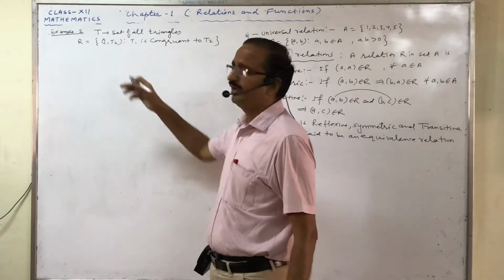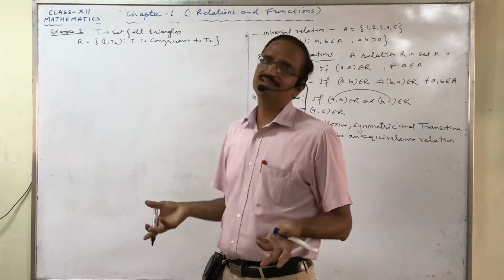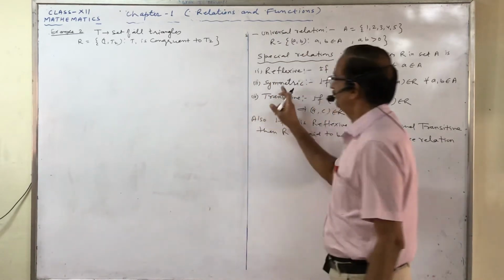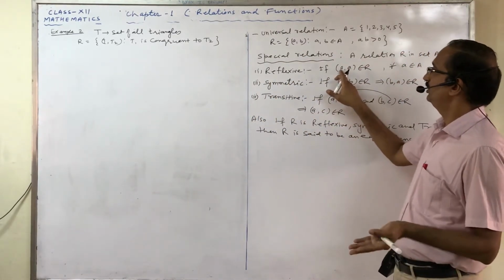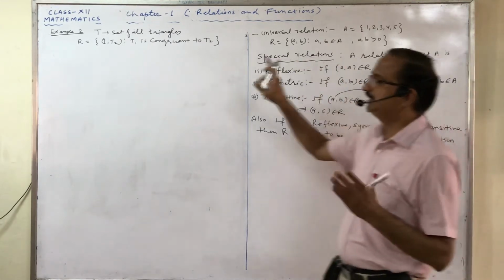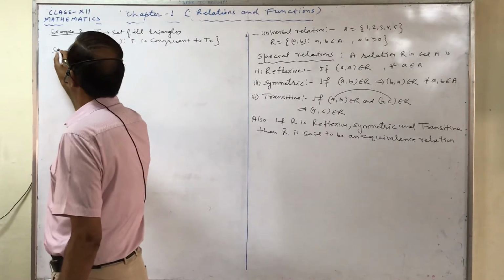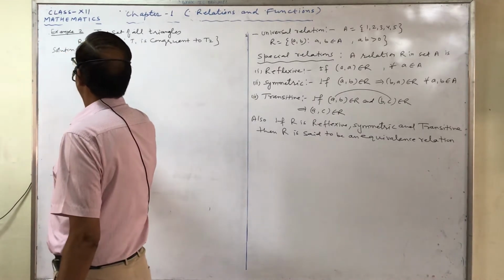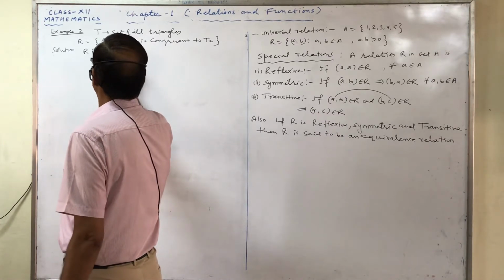Suppose we have a triangle. So every triangle is congruent to itself. It means it is reflexive. For reflexive, what we have to check? Same element. So A is related to A means T is related to T. So in solution we can write R is reflexive. Why?